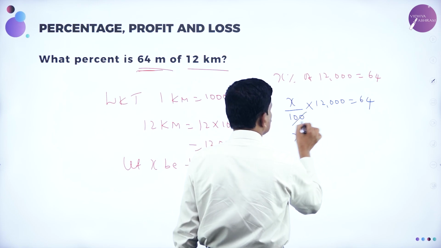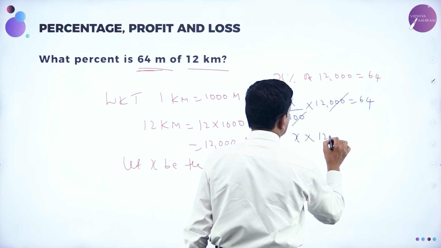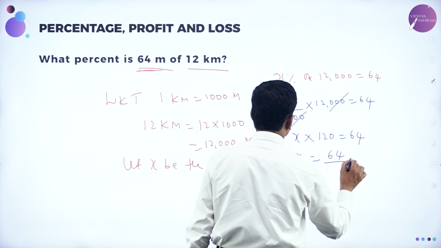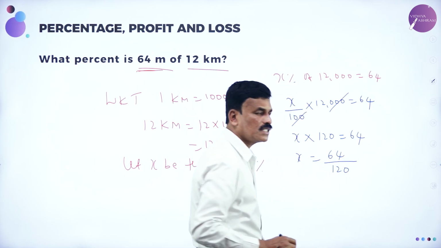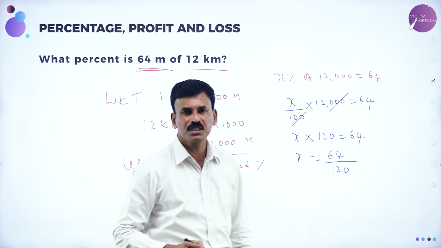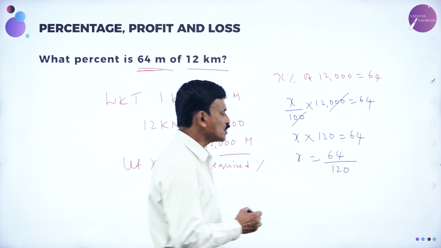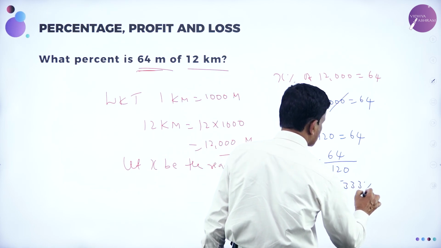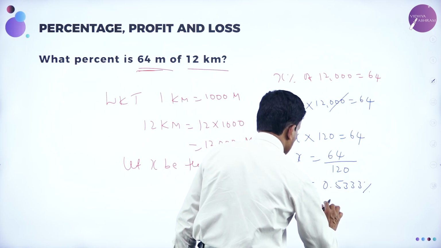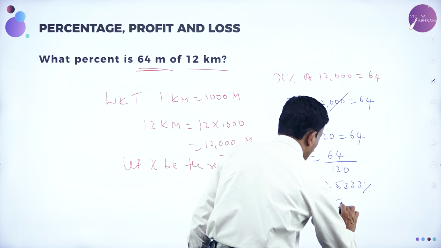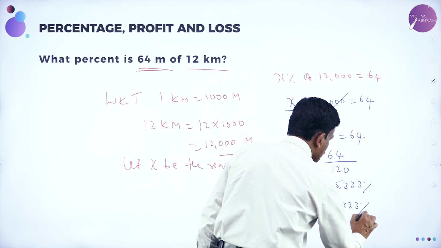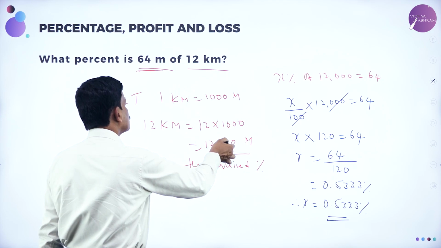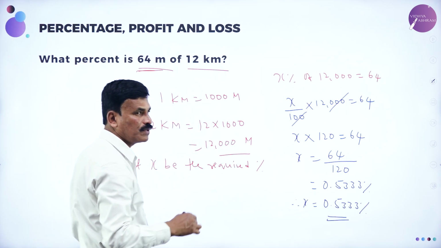The two zeros get cancelled, so x into 120 is equal to 64. X is equal to 64 divided by 120. What is 64 by 120? This is approximately 0.5333%. So x is 0.5333%. That is, 0.533% of 12,000 meters is 64 meters.